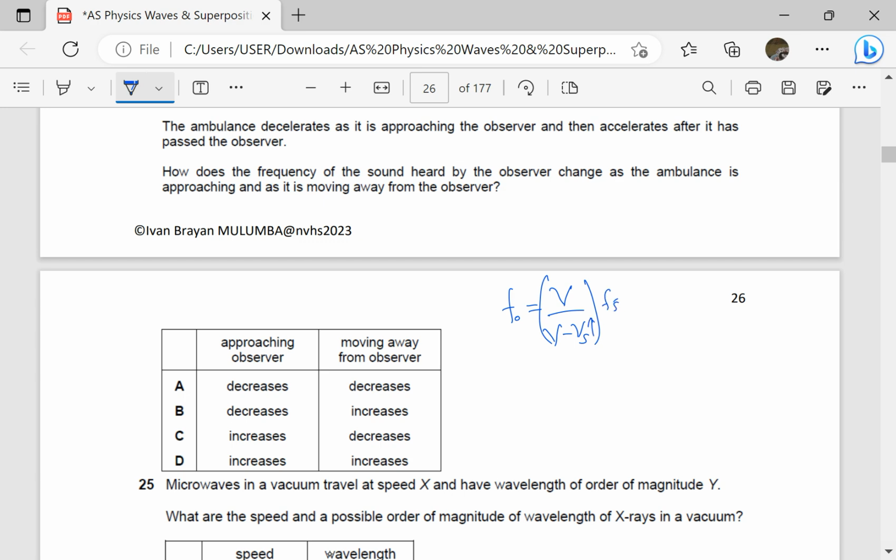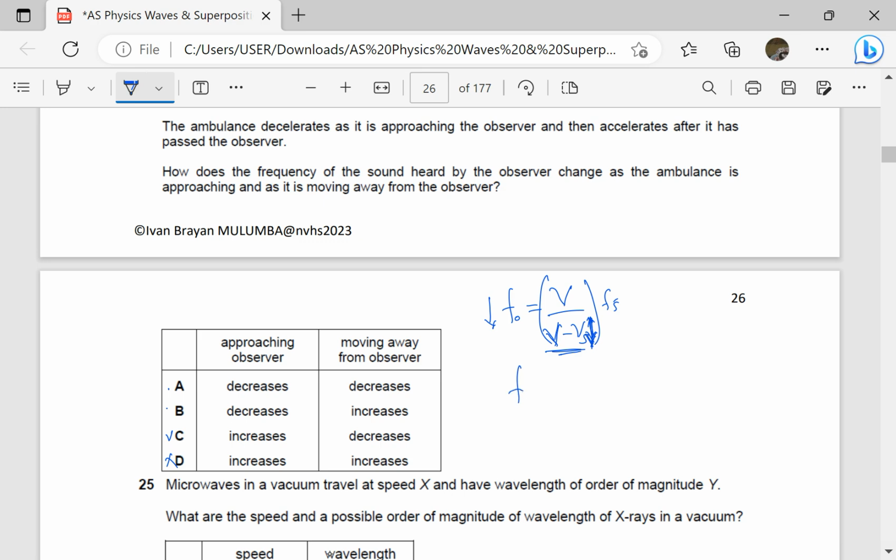If it is decelerating, the speed of the source is decreasing, which means the denominator is going to be increasing, and therefore F naught is going to be decreasing. Because the speed of the source is decreasing, this difference is going to be bigger. So we have A and B. We eliminate C and D.